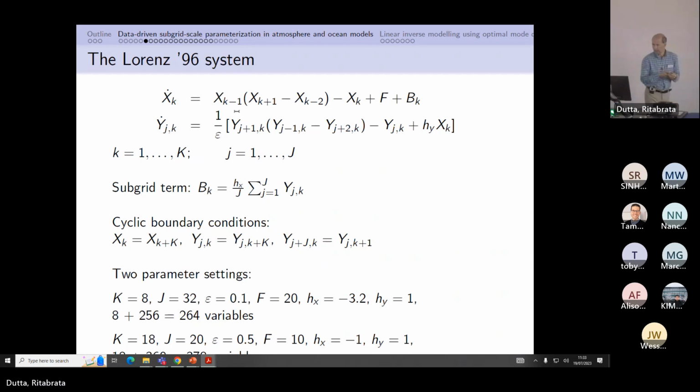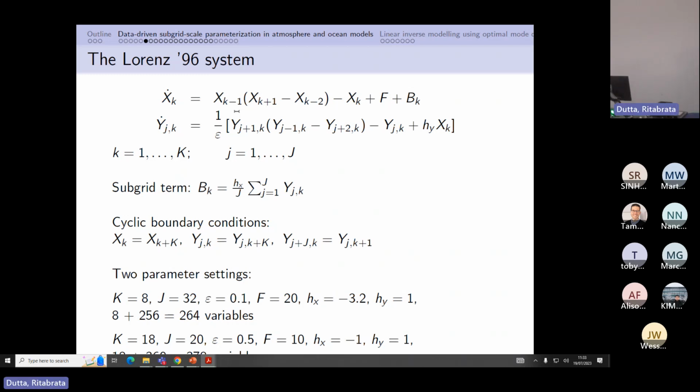Okay. A simple toy model to explore this methodology: the Lorenz 96 system. It's a two-scale system with X and Y variables with a cyclic arrangement, cyclic boundary conditions for both of them. There's the subgrid term, which is just the average over the Y variables, the subgrid forcing here. Then we want to keep just the X equations and parameterize this B_k term.